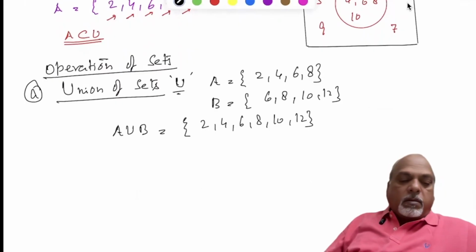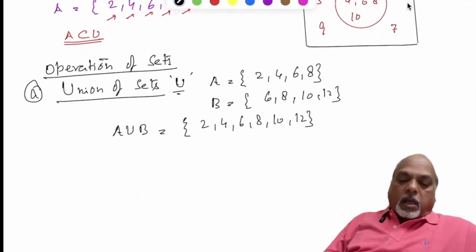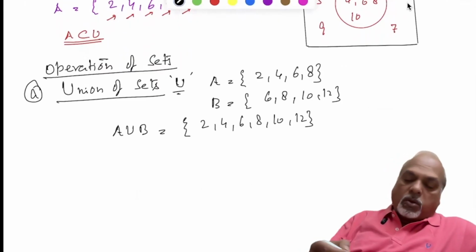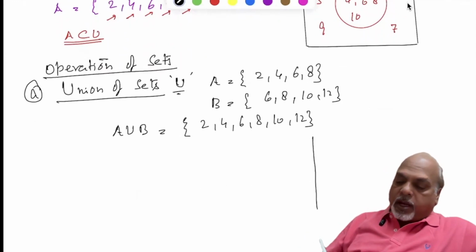Then if you want to show this as a Venn diagram, we can show it like this.